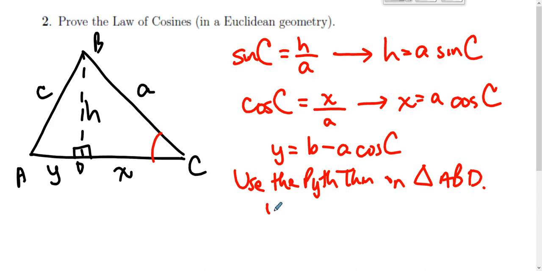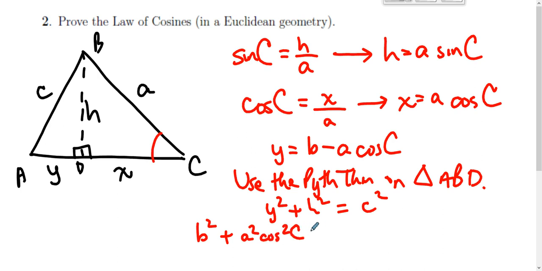And that tells us that y squared plus h squared is c squared. So y squared, b squared plus a squared cosine squared C minus 2ab cosine C, plus h squared equals c squared.